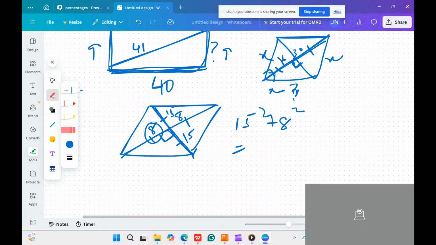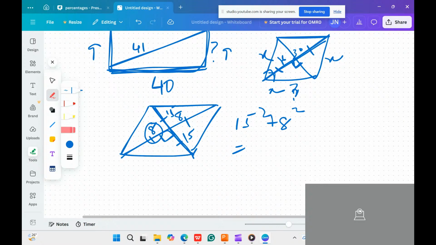289. Okay, so 289 is the square of which number? Of 17. Okay, a few you have to learn.